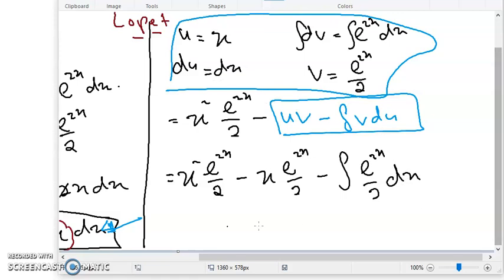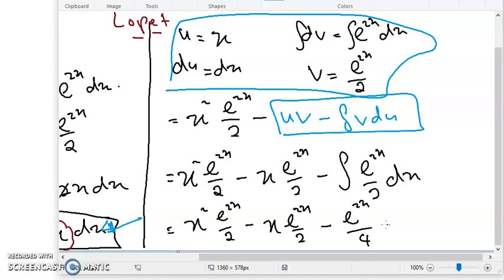Then the next one, integrate this one directly. You'll be getting e power of 2x over 2 here, minus x e power of 2x over 2 here, and minus, in this one you will be having e power of 2x over 4. And don't forget we'll be having plus c.